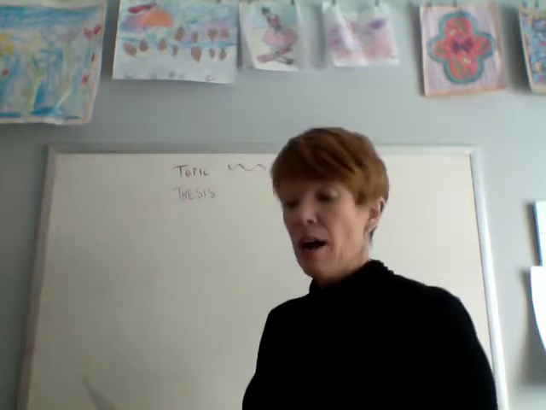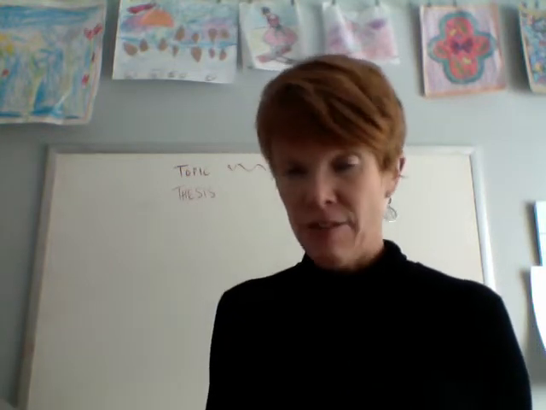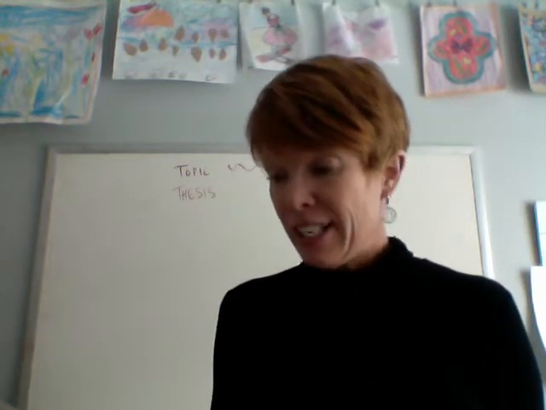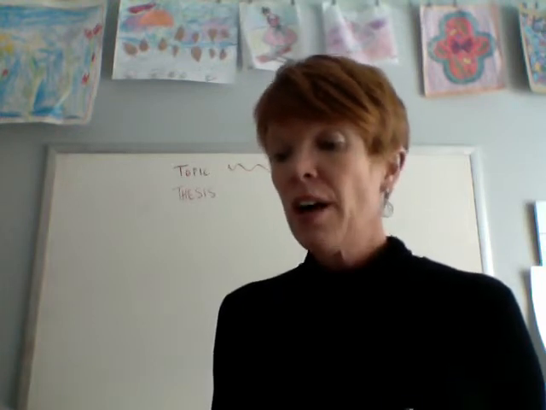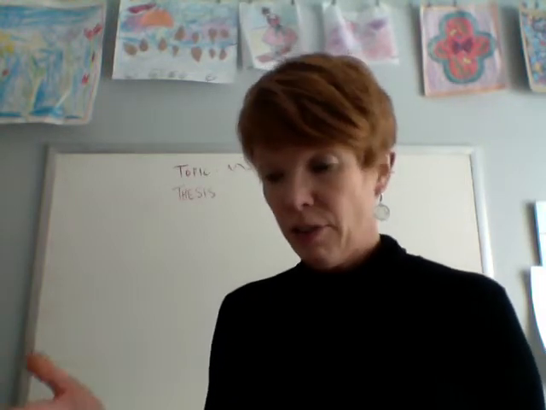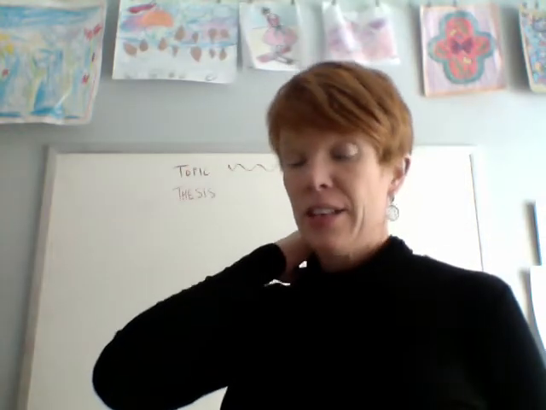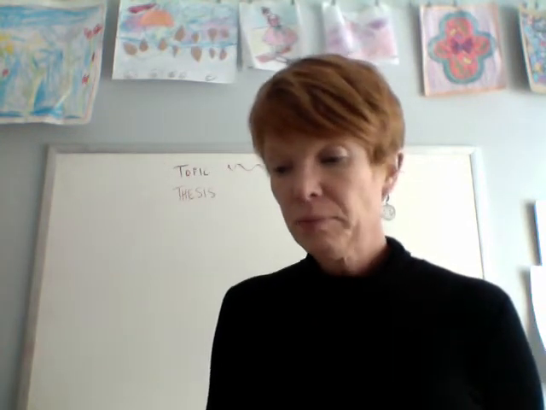Now for mine, my topic is year-round schooling. My thesis was: after weighing the advantages and disadvantages, it became evident that a system of year-round schooling benefits both students and educators in many ways. So you can tell from my thesis that I'm writing about year-round schooling. I'm going to tell you that it benefits students, and I'm going to tell you that it benefits educators, okay?